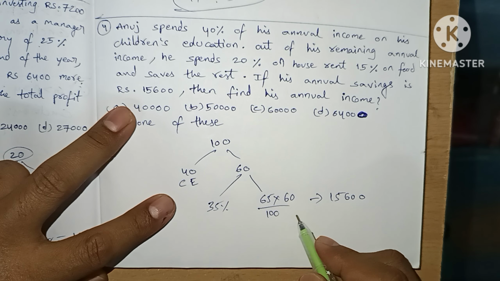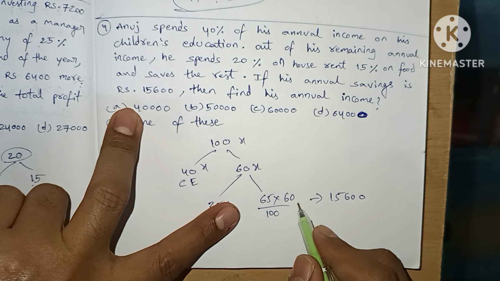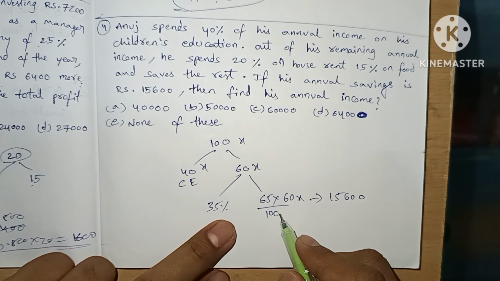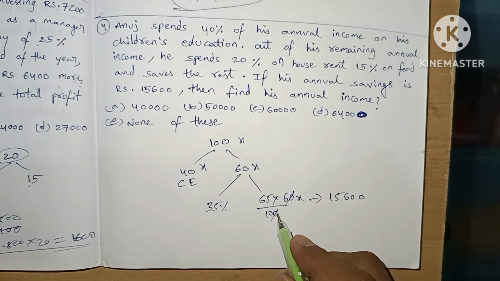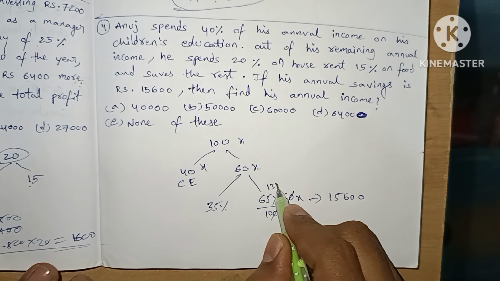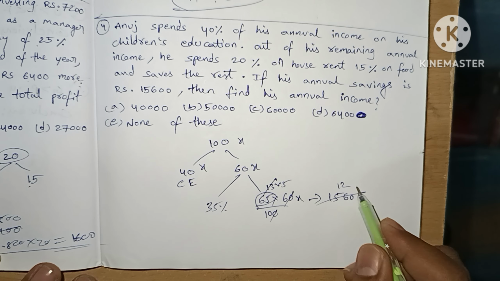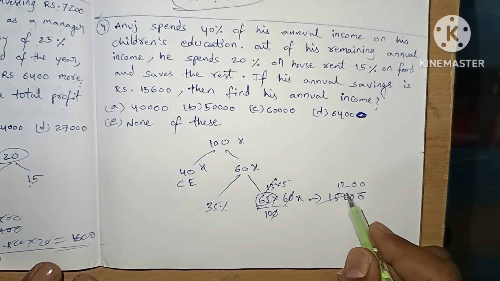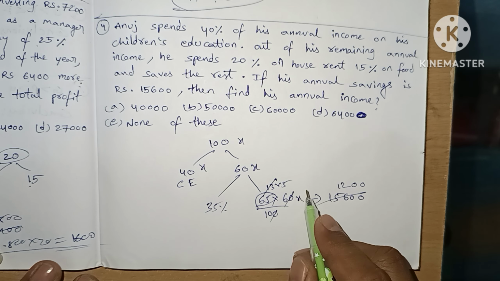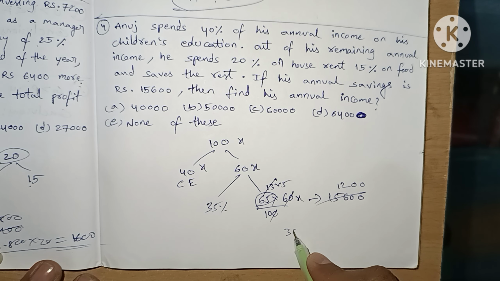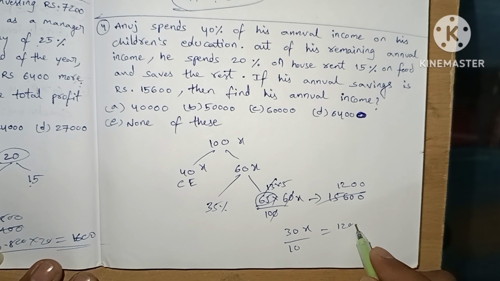let this all be X. We get the zeros cancelled. 13 12 times is 156, so 1200. 5 6 times is 30. 30 times X by 10 equals 1200.